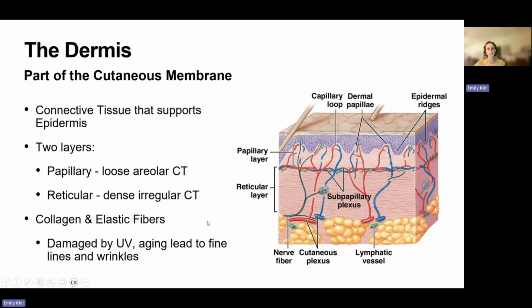And they have collagen and elastic fibers. These fibers can be damaged by UV radiation and aging, which is what causes fine lines and wrinkles, because you don't have as many elastic fibers, so everything gets a little more saggy. The number one thing you can do to prevent wrinkles is wear your sunscreen every day, all day, so you don't have to worry about that UV exposure.